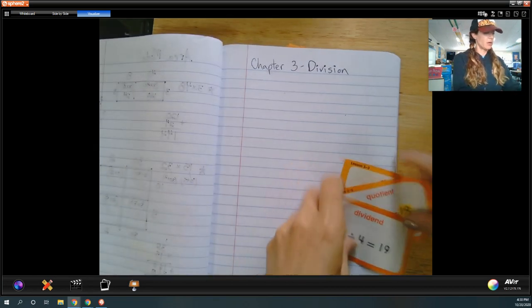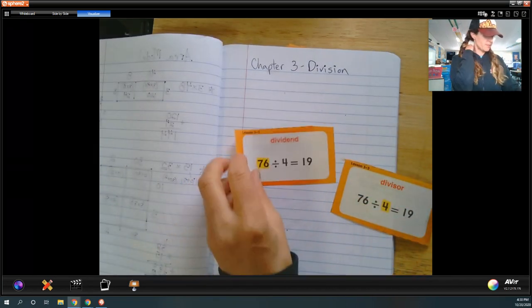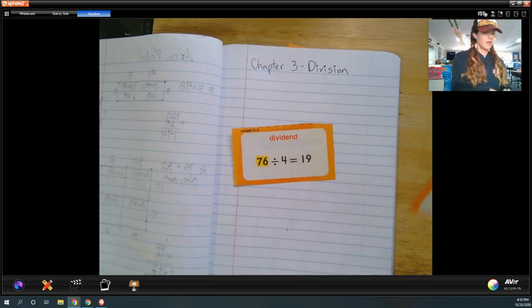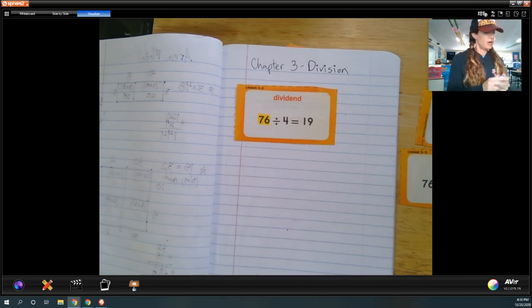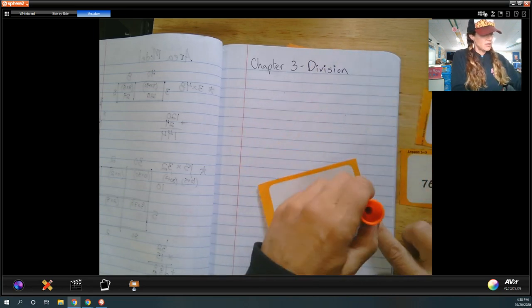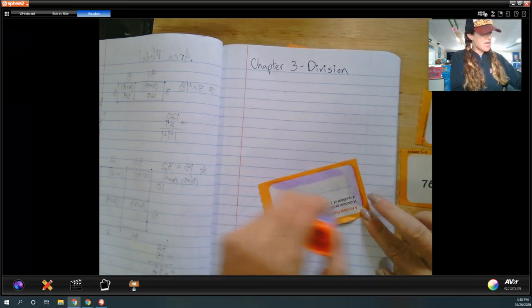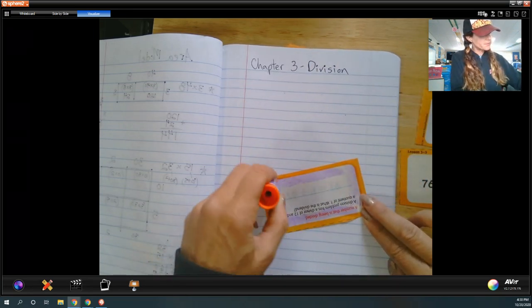All right, so first things first, I want to talk about the dividend, because that is the number that is getting broken up. I love these cards because they make it so much easier to learn with the beautiful visuals and to take notes.